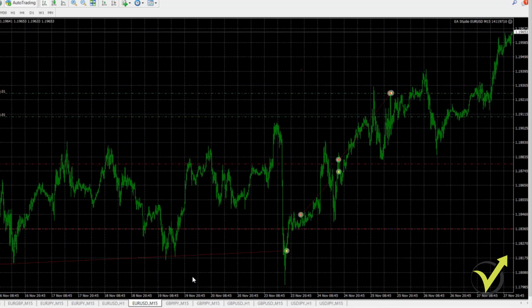And if I switch to the other EUR/USD strategy on M15, you can see that this period, especially the last week or the last 2 weeks, has been bad for this strategy because it's a range strategy. You see that I had 2 short trades that ended in losses.